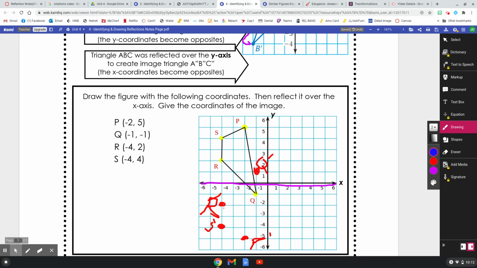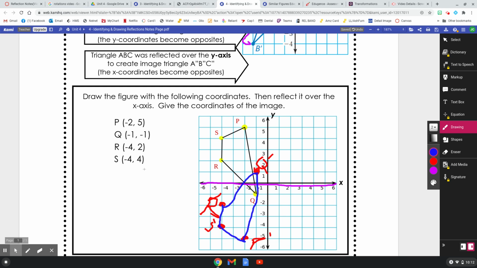So I could connect my points. My mouse isn't that great, but you see that it's the same shape on both sides. So it's just reflected over that axis. So that's all we're looking to do, is reflect it.